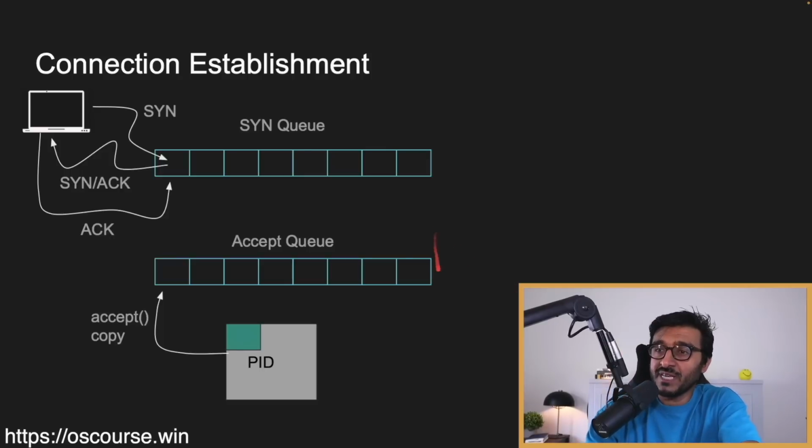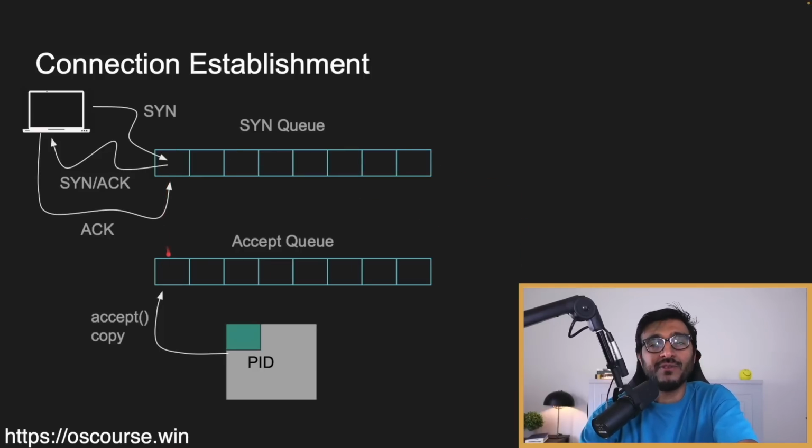So process 1 will have an accept queue, process 2 will have another accept queue for the same port. If I get a SYN on this port and complete the connection, the kernel will do load balancing. It will throw the first connection on the first accept queue, the second one on the second, the third one on the third, and so on, right? And that's how they do it.